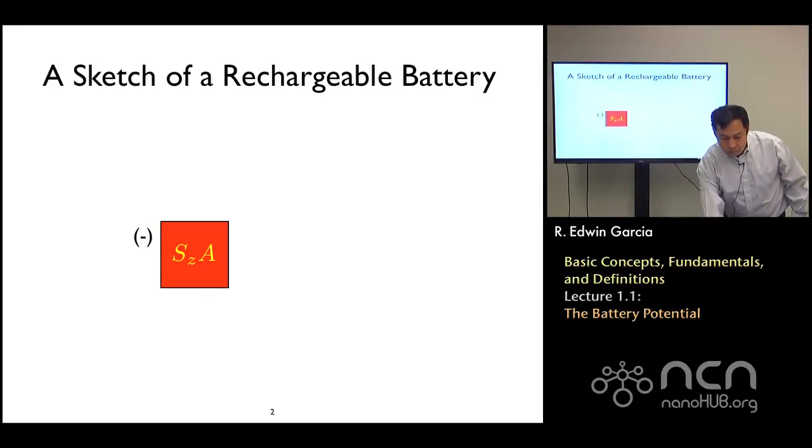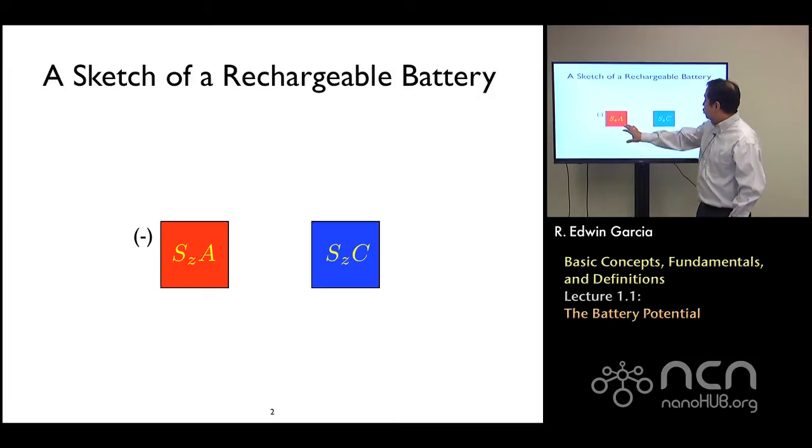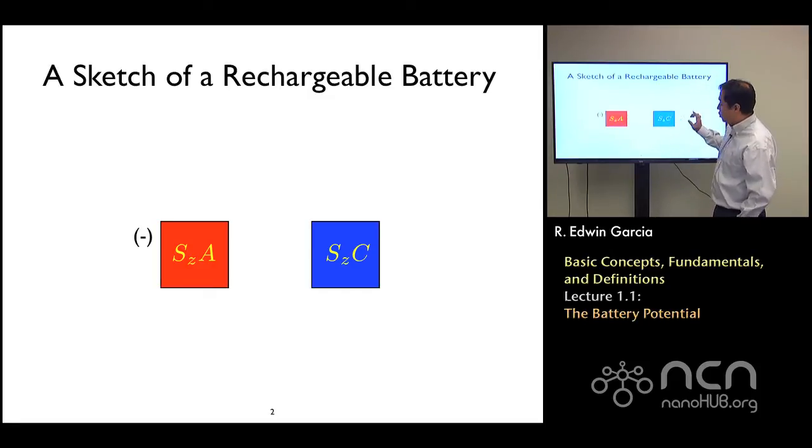When we are putting or taking material out of that anode, we will transfer that species into the cathode, which in this case we will refer to as arbitrarily having a positive sign.